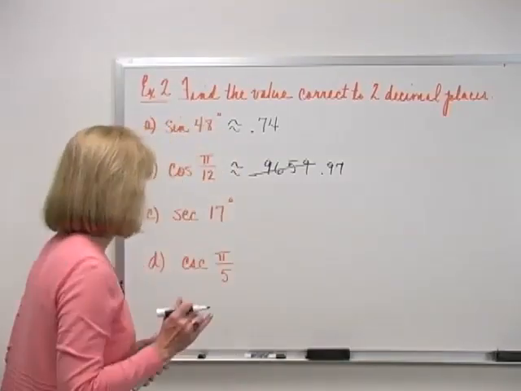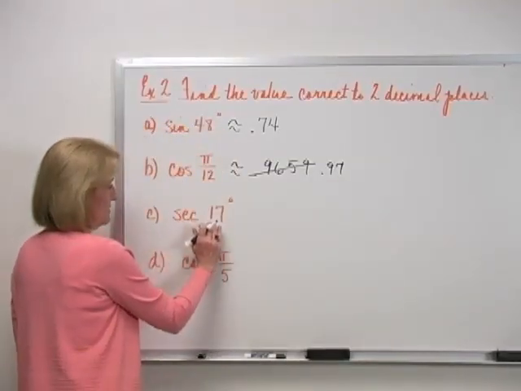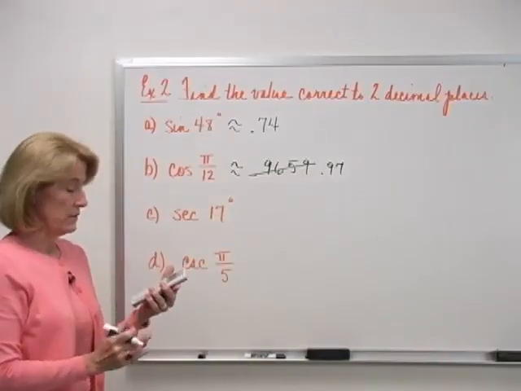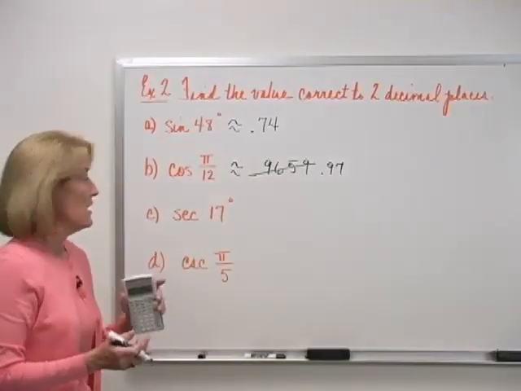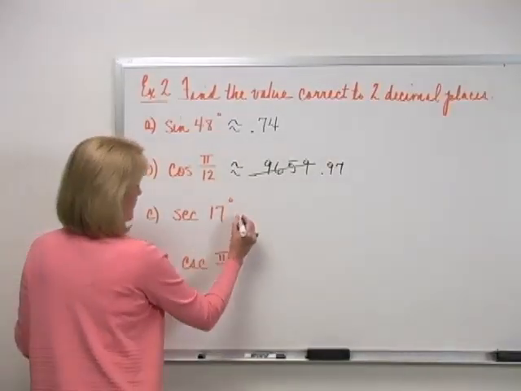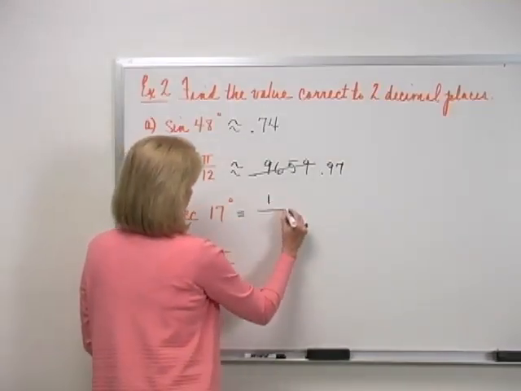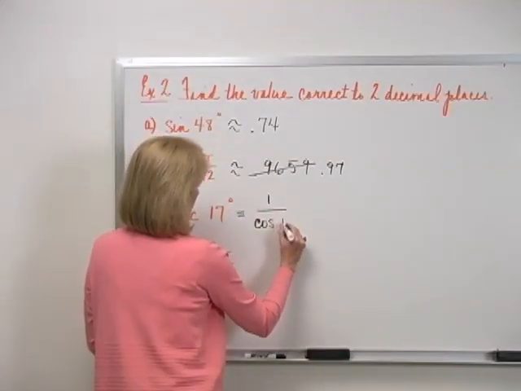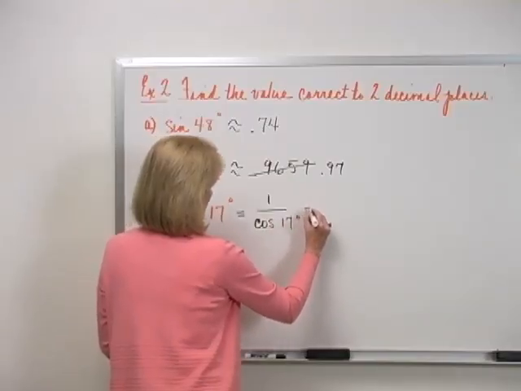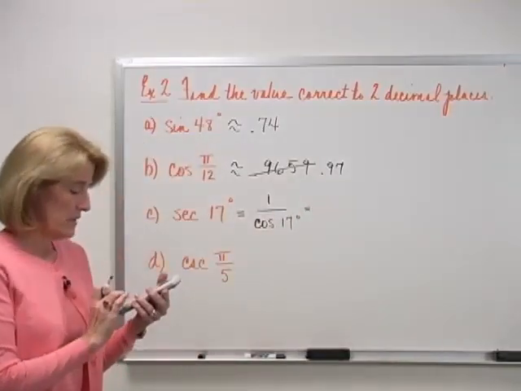Okay, I'm in degrees, but this is the secant of 17 degrees, and if you look at the calculator, it has sine, cosine, and tangent. So how can I get the secant? Well, that's what we learned all those identities for. This is 1 over the cosine of 17 degrees. So let's enter that information.